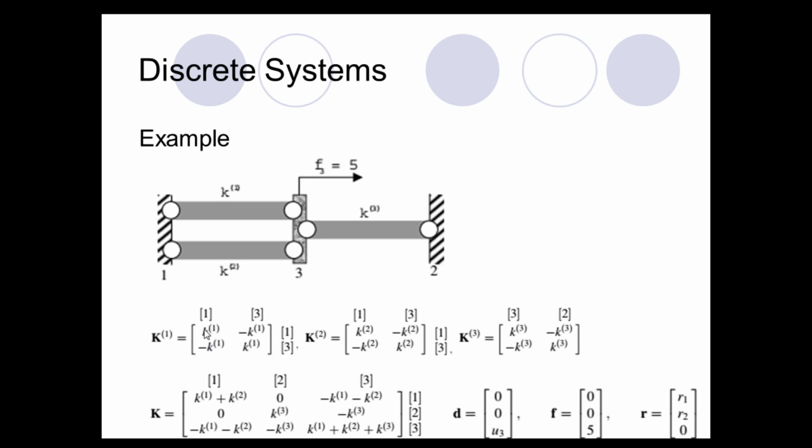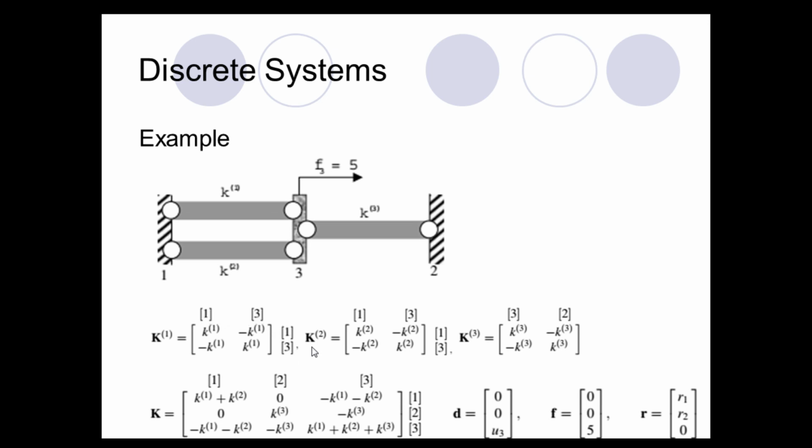Certainly node 1 of element 1 is the node 1 in the global system. As you see, this is this node, and node 2 of the element 1 is node 3 in the global system. Therefore this is 1 3 and 1 3.